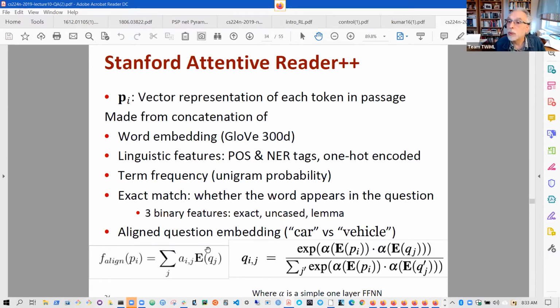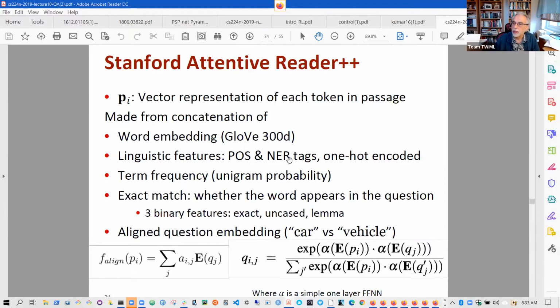is to concatenate, to add on to the encoding of the word. So you've got not only the word embedding, but you also add part of speech and named entity recognition tags. Remember, part of speech means like verb or noun or adjective, whatever. And named entity recognition just says, is this a named entity? Is this like the Green Street building or something like that?